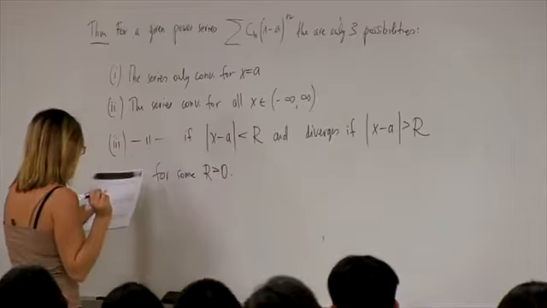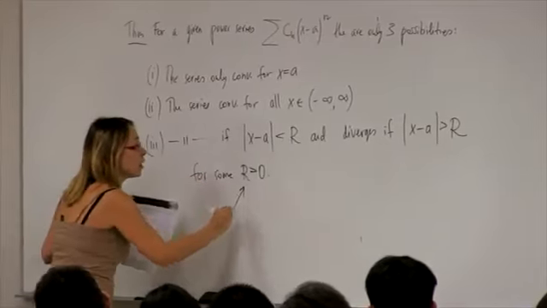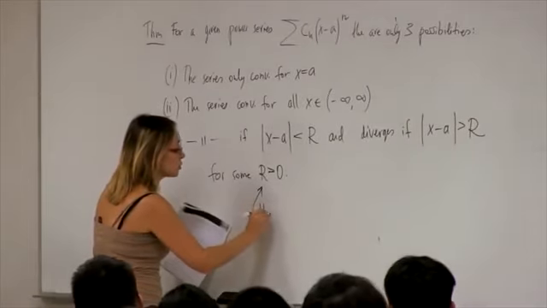So this value r is called the radius of convergence.